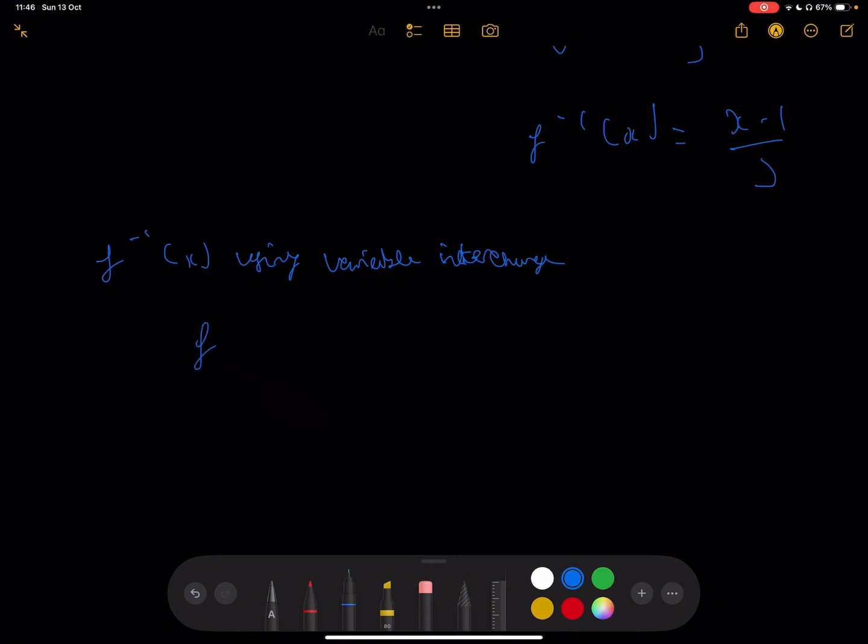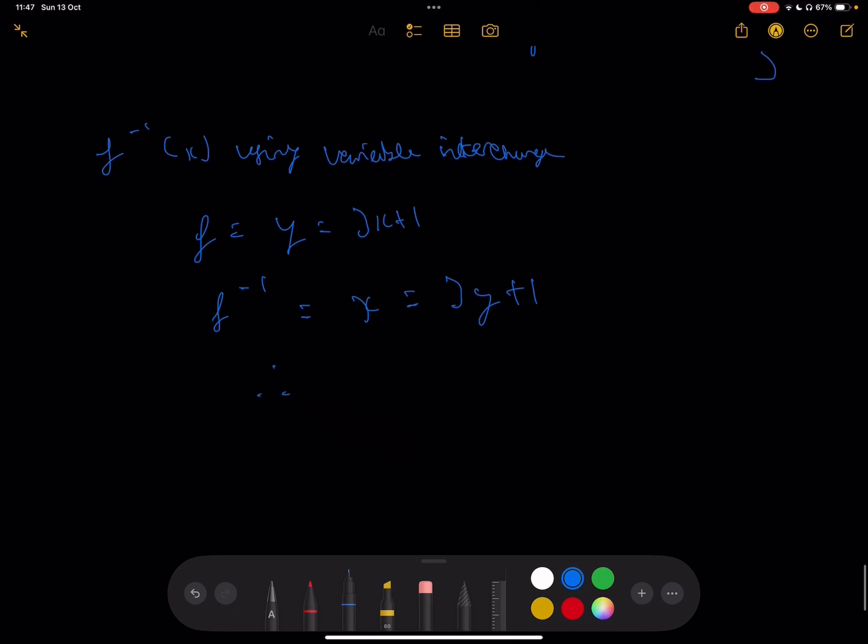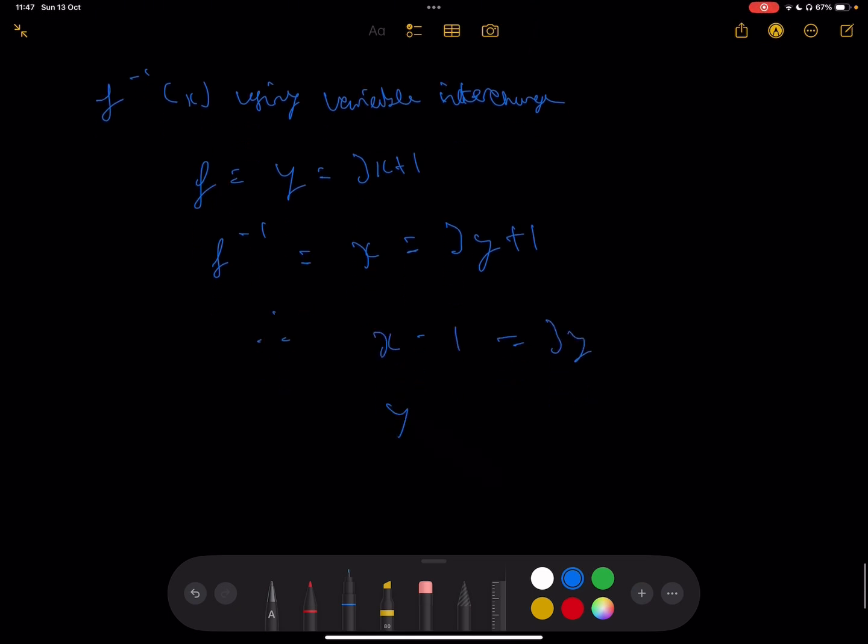So we have y is equal to 3x plus 1. Therefore, using variable interchange, x is equal to 3y plus 1. So now we can state that x minus 1 is equal to 3y. Therefore, y is equal to x minus 1 over 3.